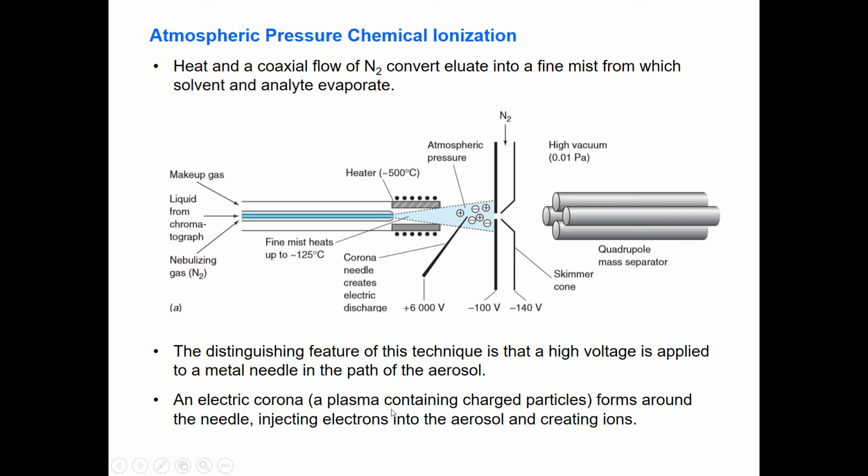Corona is a plasma containing charged particles that forms around the needle, ejecting electrons into the aerosol and creating ions. Here electrons collide with your samples, and it creates ions.